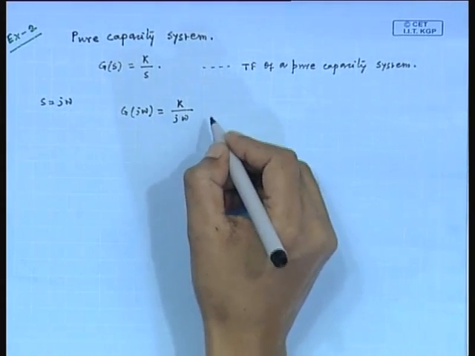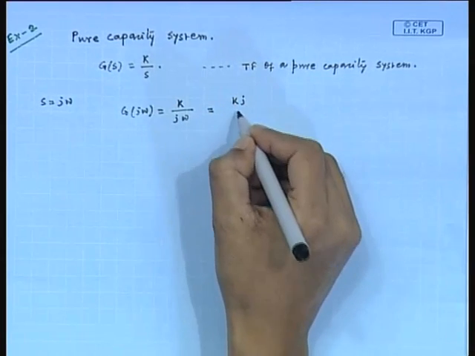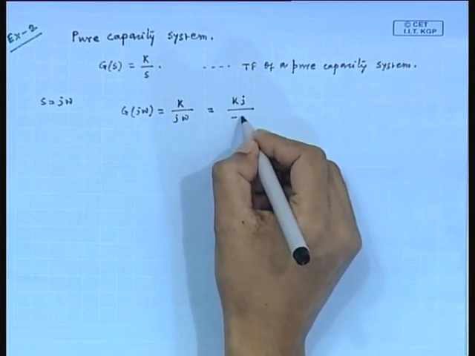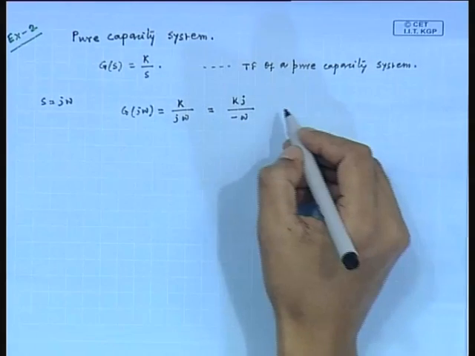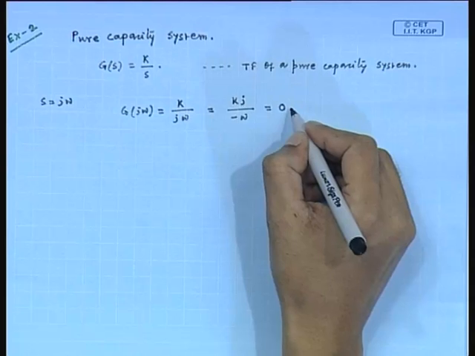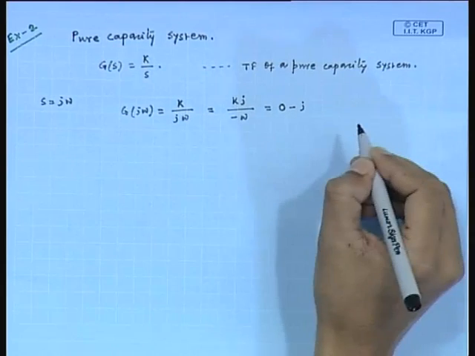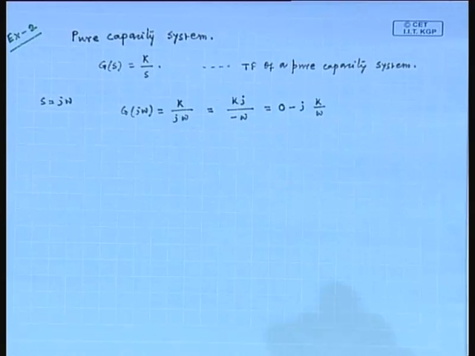Now, this we can write as K j divided by minus omega. We have multiplied j in both numerator and denominator. Then we can write as 0 minus j k by omega. Fine.